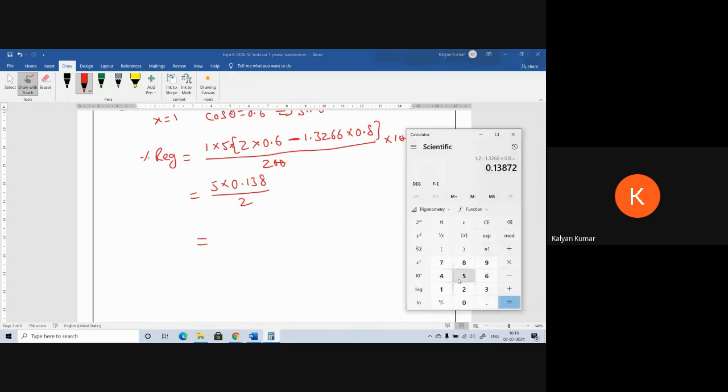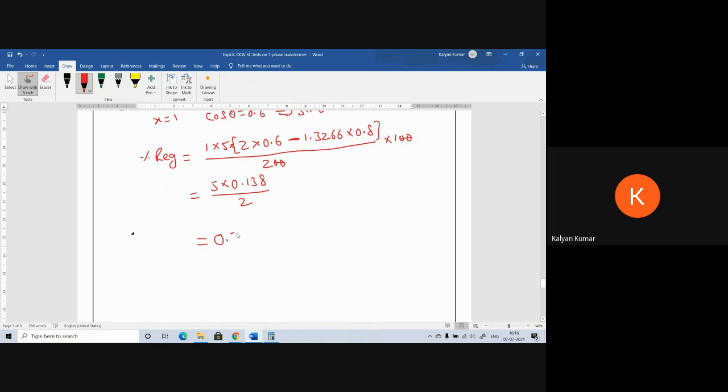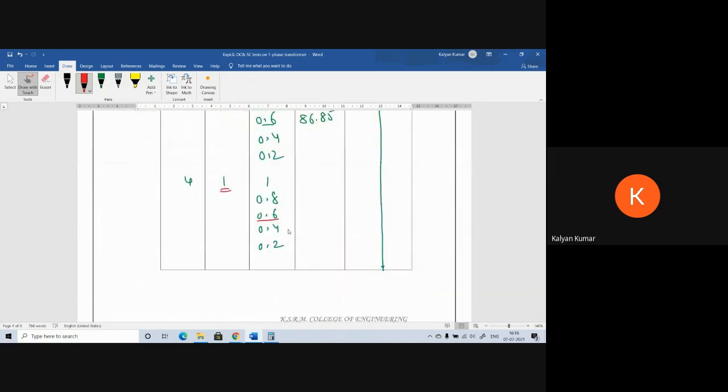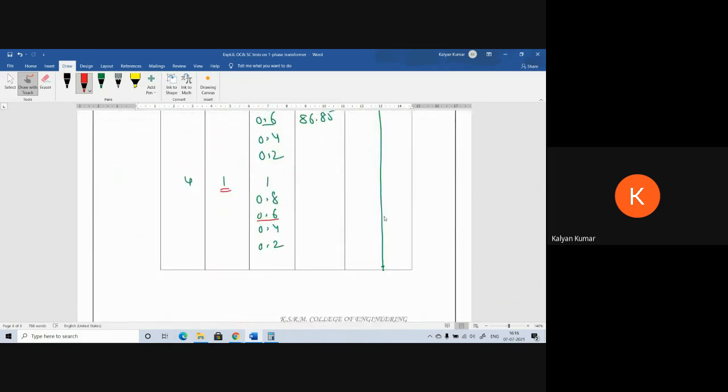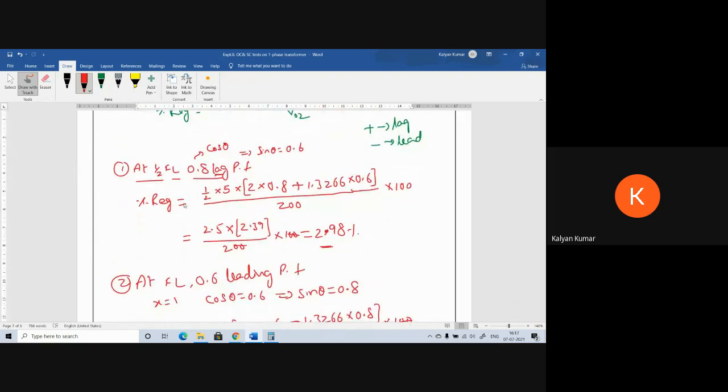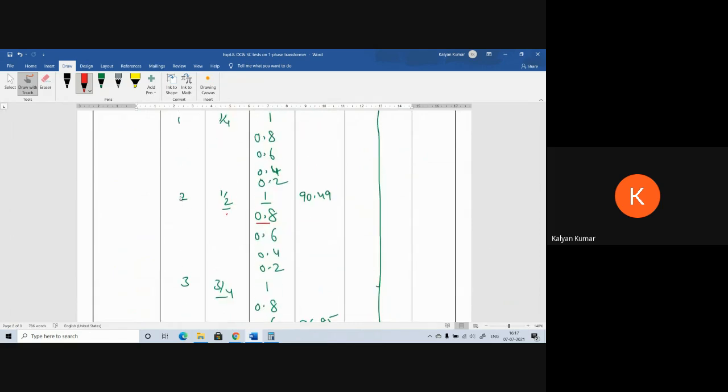We are going to get 0.345 as the percentage regulation that we need to represent here. 0.345 comes under the leading power factor case, and previously we calculated for half full load, 0.8 lagging power factor, 2.98.